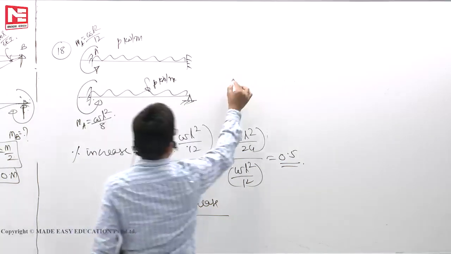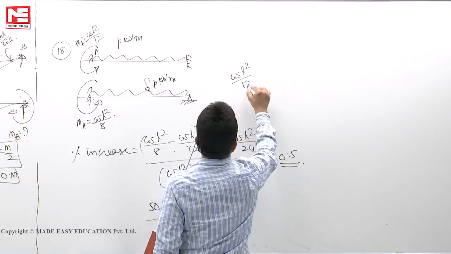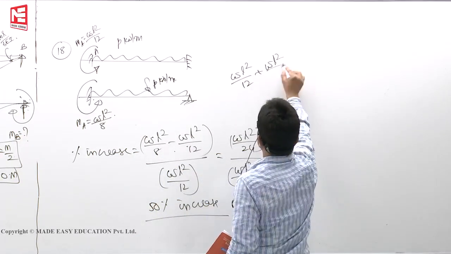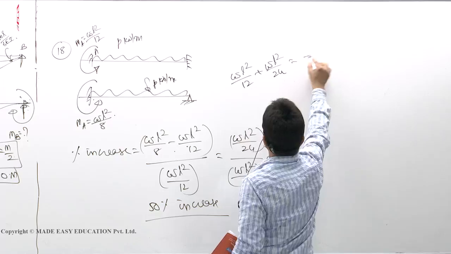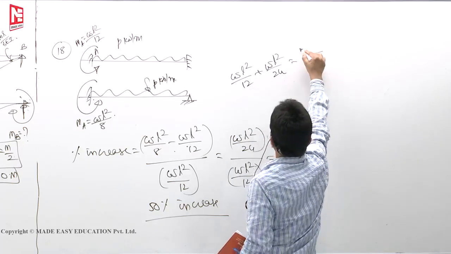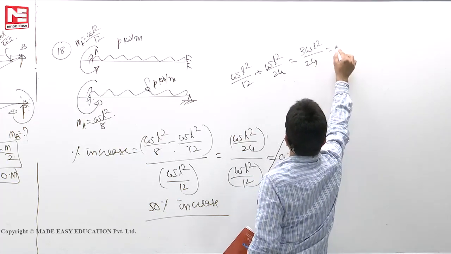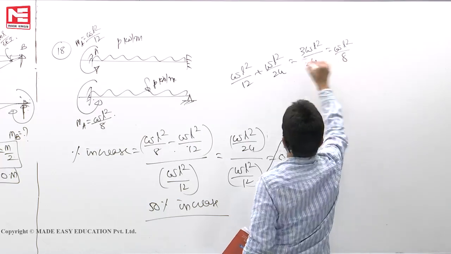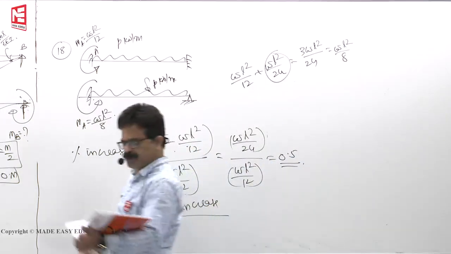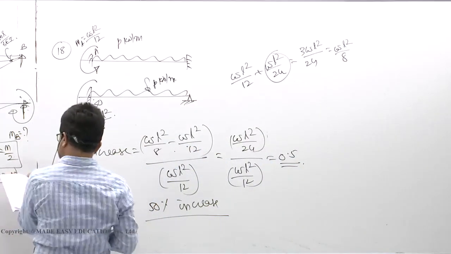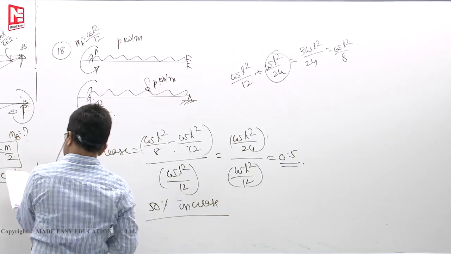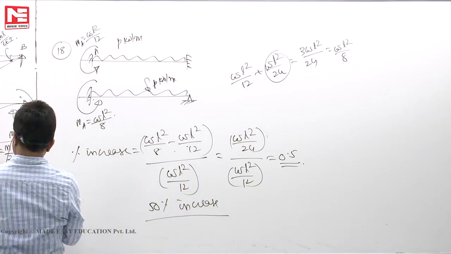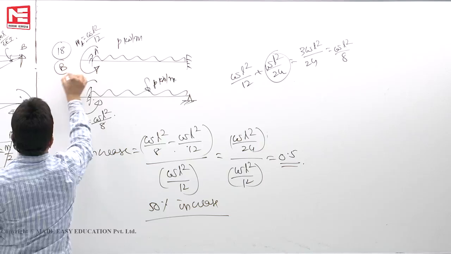That means WL square by 12, you add 50% of that, WL square by 24. How much will you get? 24, 2, 3, 3 WL square by 24. That means WL square by 8. That means increase is 50%. So the percentage increase in the bending moment at A is 50%. So 18th, B is the answer.